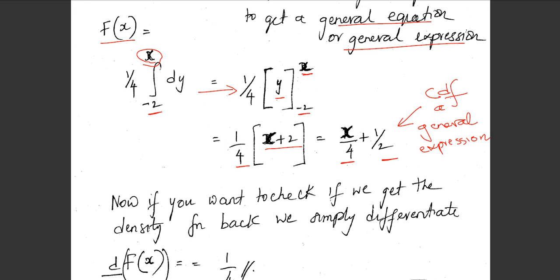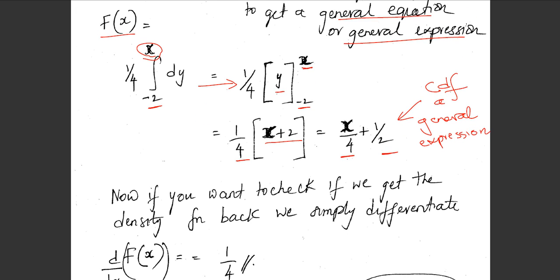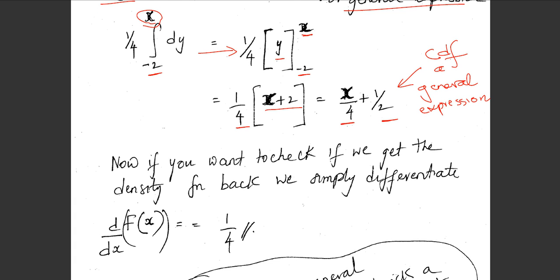Now if you want to check that we get the density function back, we simply need to differentiate it to make sure we got the right answer. Always remember, if you want to go from PDF to CDF, we integrate. If you want to go from CDF to PDF, we differentiate.